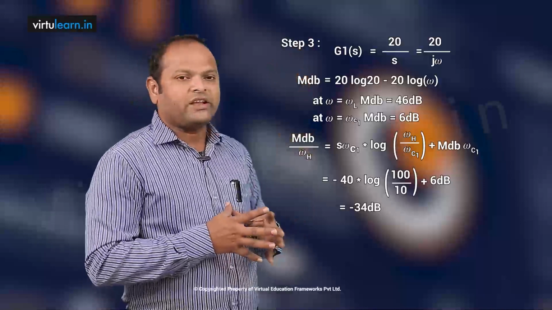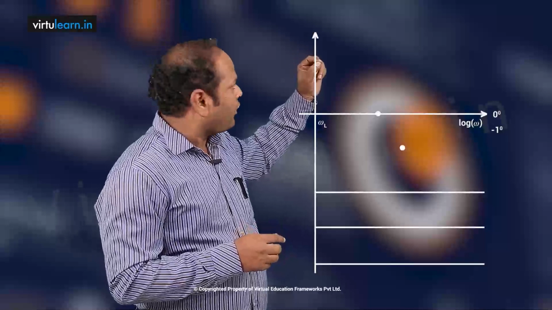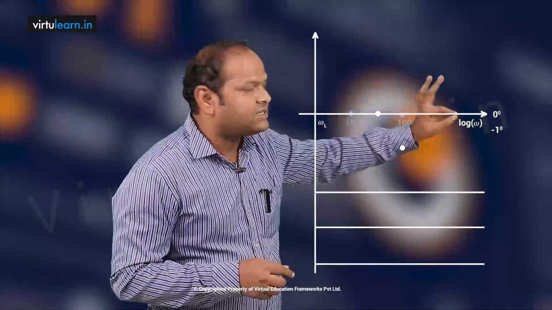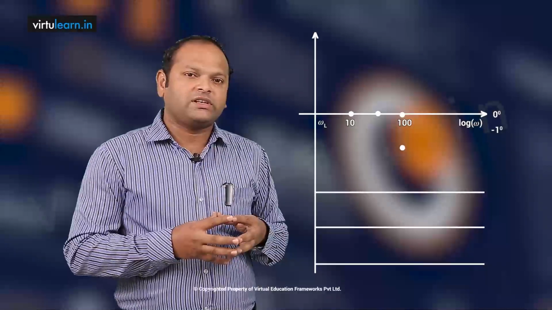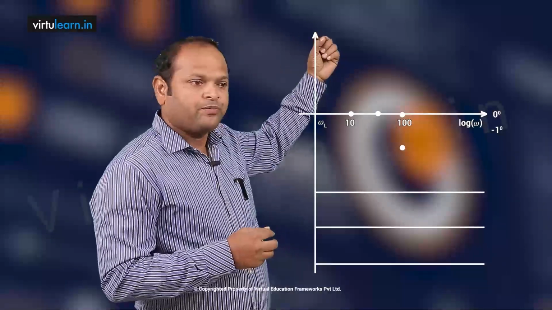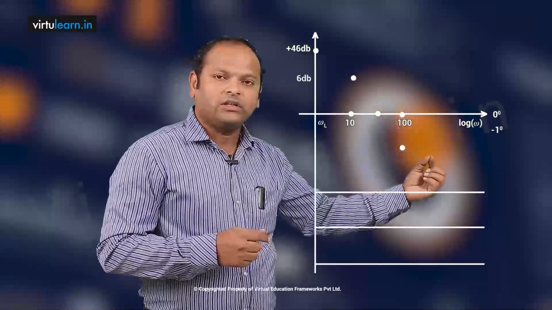So all these three values are available. With these three values, I can plot the magnitude plot. So what will be the magnitude plot? We have 3 points here. I can take the 3 points as one is 0.1, the other one is 10, the other one is 100. For these three frequencies, what are the MdB values? So I have the MdB value here 46, then I have 6, then I have this value.